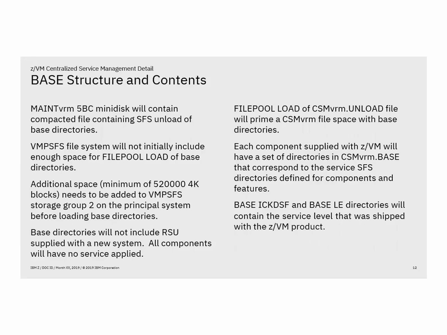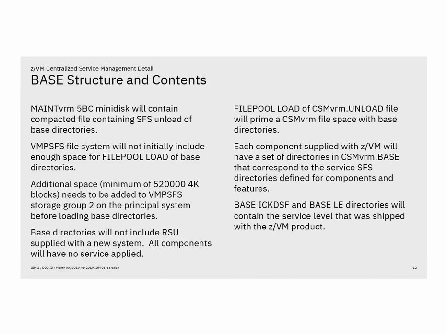Now, I mentioned that when you initialize CSM, you start with a base, and the base content exists when you install zVM 720 on maint 720's 5 Baker Charlie mini disk.